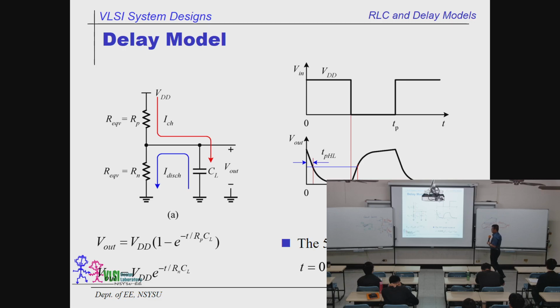So as long as we can estimate the R and C, we can estimate the delay. Propagation delay is about the RC times 70%. That is a delay. So everything can be pre-estimated or pre-computed. Is that cool? Not that hard, huh? Am I too slow?